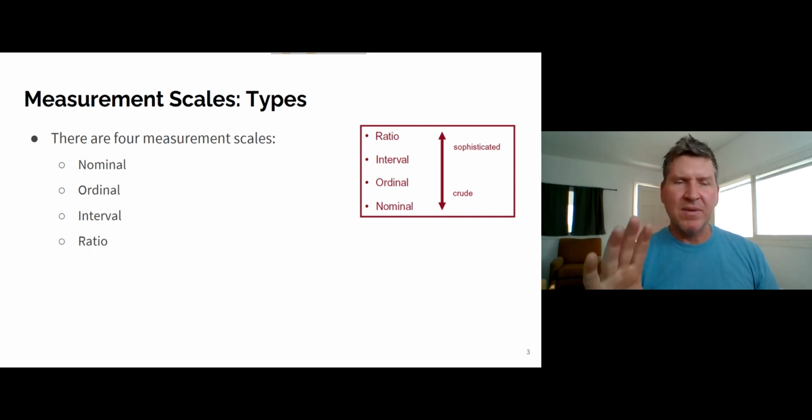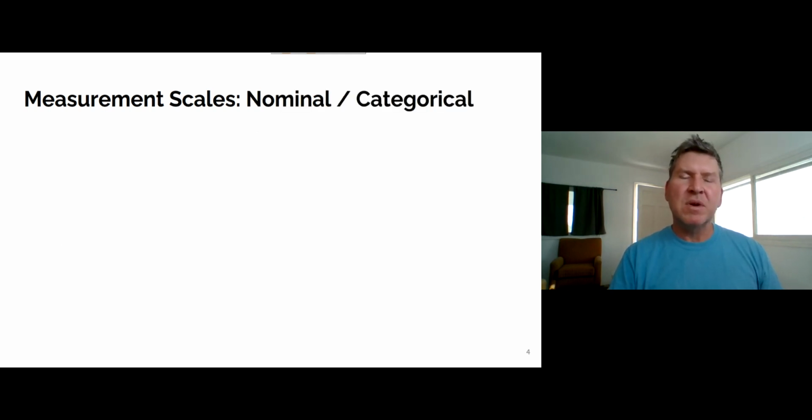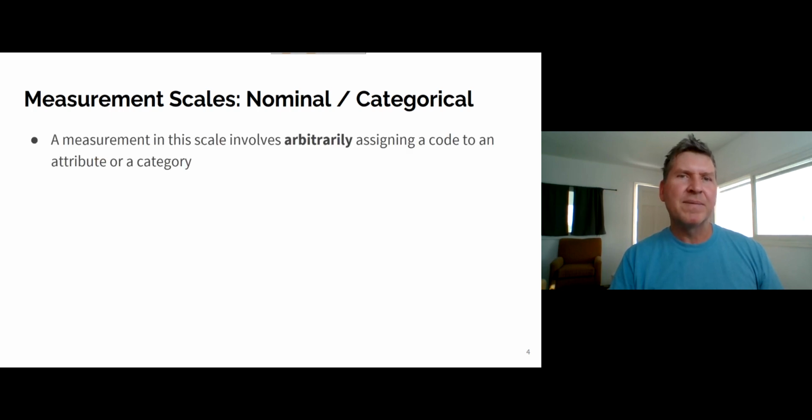So here they're in the right order in terms of going from least sophisticated to most sophisticated. There's a lot of things that we can do with some of these, the more sophisticated ones, that we can't do with the more crude or basic ones. So let's start with the most crude one first, which is nominal. It's also called categorical.